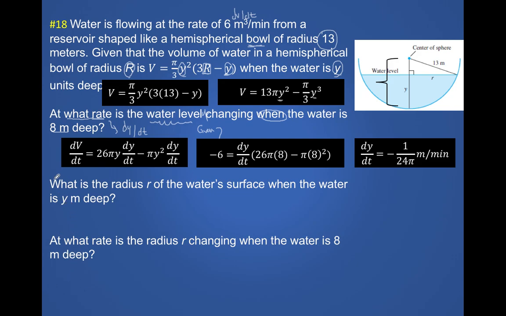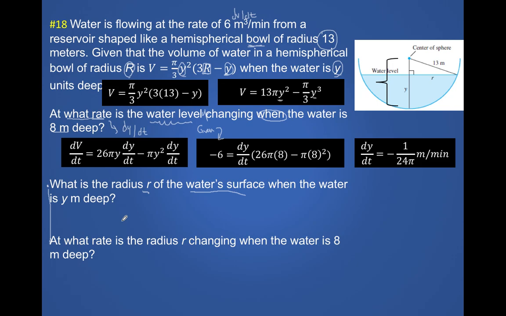Next, notice this. So this question here is them trying to help you answer this question here. So they're now asking about the little radius of the water surface. That's the one that is changing. So what I need is an equation. I know what I'm given, right?